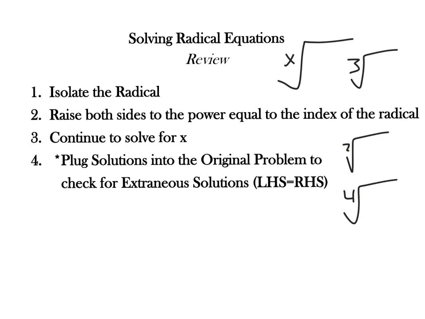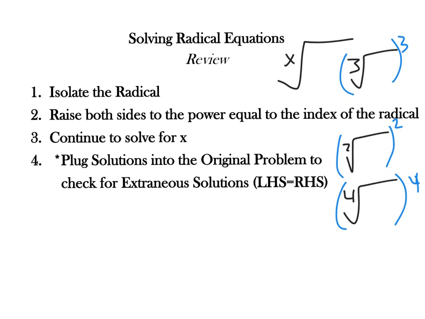So I'm going to raise it to that same exponent. So if it's a fourth root, you're going to raise it to the fourth power, both sides of the equation. If it's a square root, you're going to raise it to the second power. If it's a cube root, you're going to raise it to the third power. Whatever index value you have, you're going to raise it to that same exponent in order for them to cancel the roots.